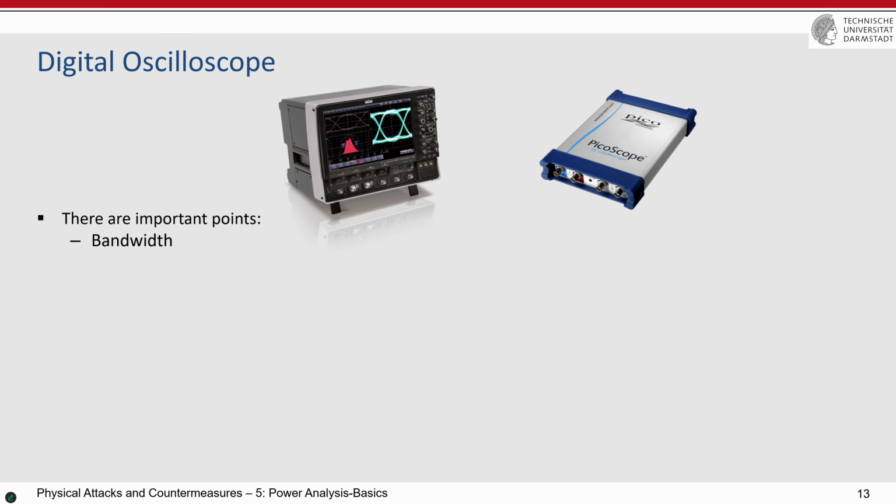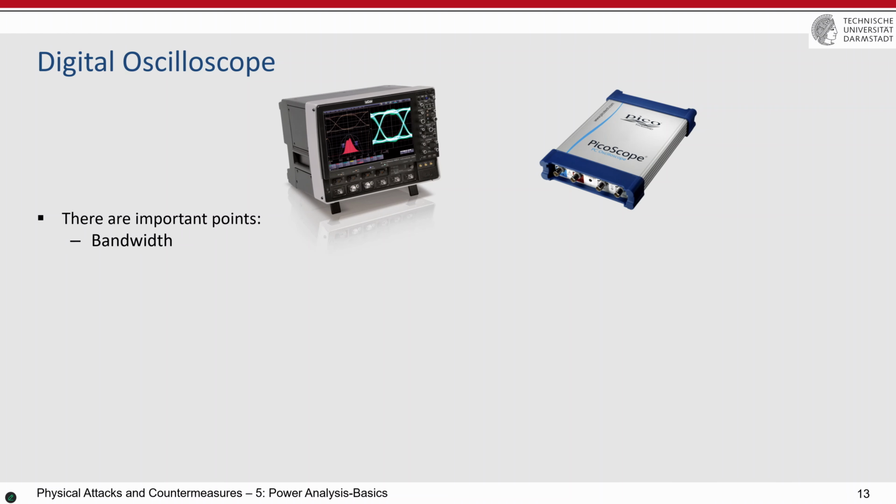What are the important things? Bandwidth of the oscilloscope. You should know that the signals have a frequency, and the bandwidth is the maximum frequency at which the oscilloscope is able to see the signal.